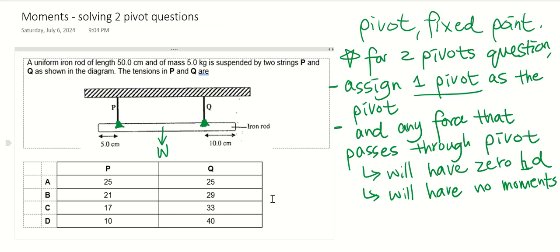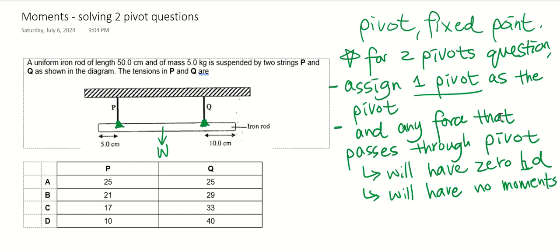And bear in mind that any force that passes through the pivot will have zero perpendicular distance, therefore no moments. It doesn't mean that there isn't any force. There is a force, but as long as it passes through the pivot, there will be no perpendicular distance and therefore no moments. So this is important. Please read through this and think about it.